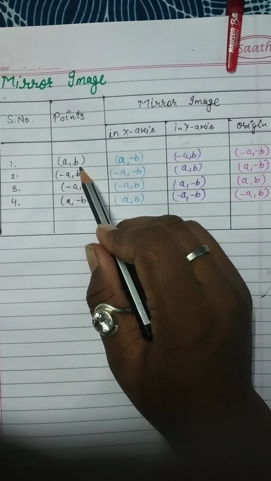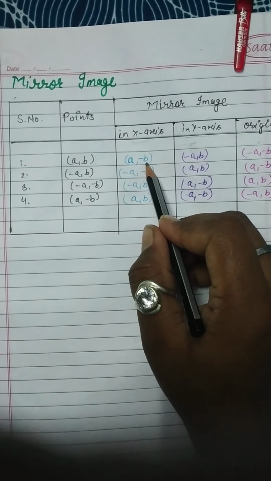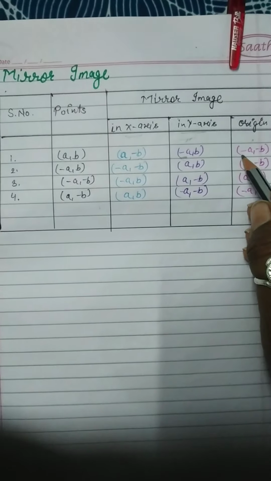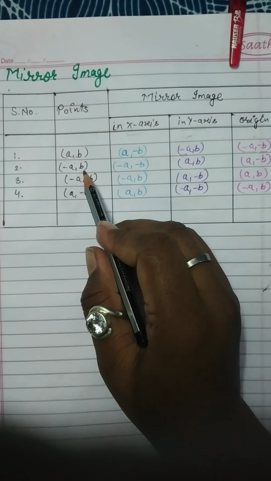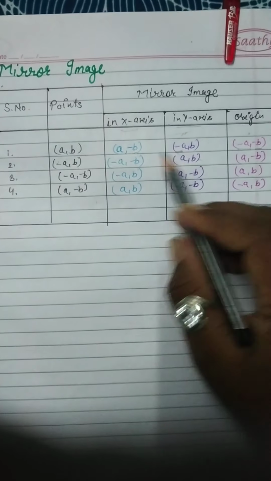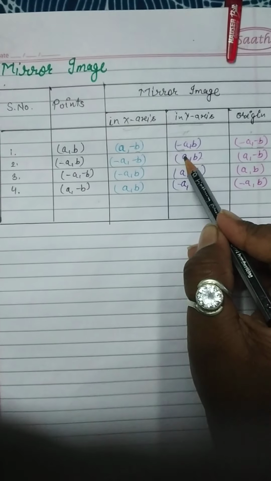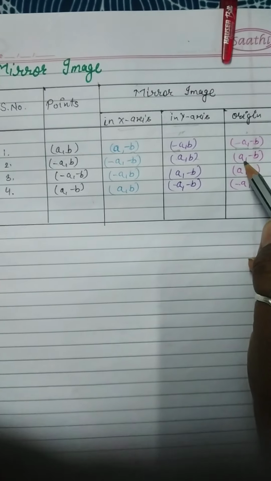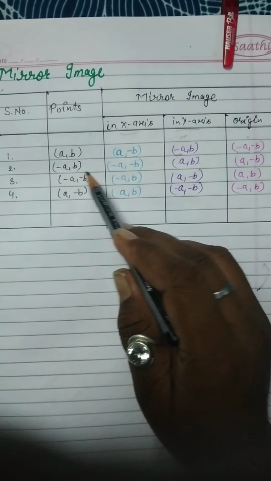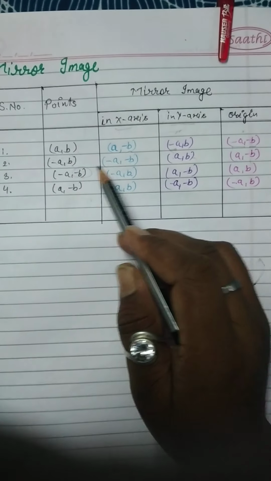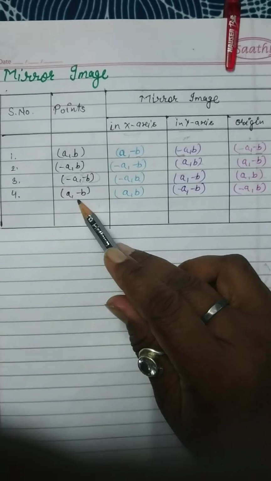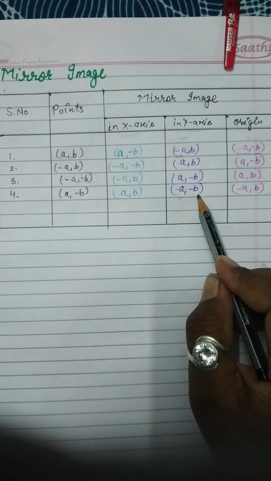If a and b are both positive, then in the x-axis the y sign changes, giving (a, −b). In the y-axis the x sign changes, giving (−a, b), and about the origin both signs are changed, giving (−a, −b). Similarly, if both are negative, the sign of b changes to positive, and then the sign of a changes, so both are positive. Similarly (a, −b), (−a, −b), (−a, b).